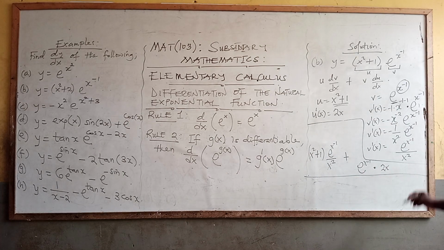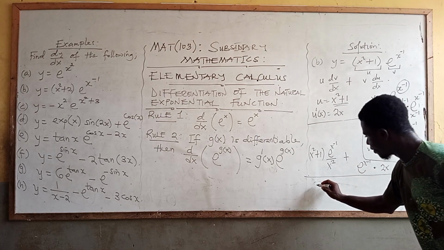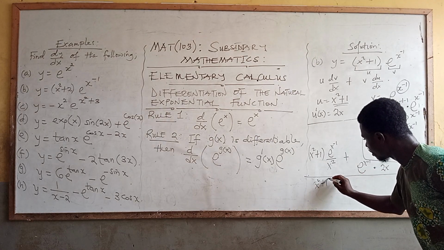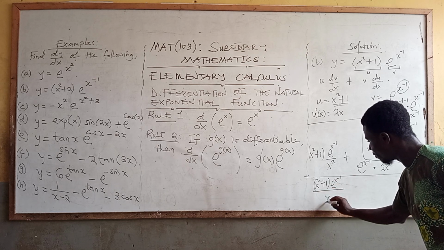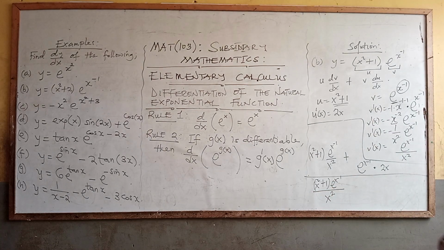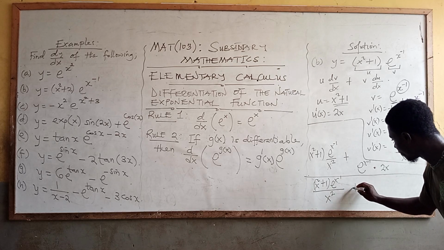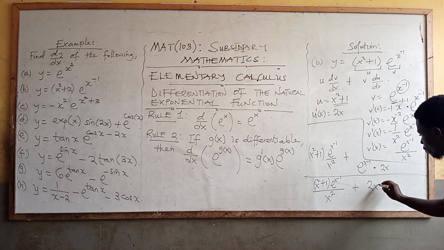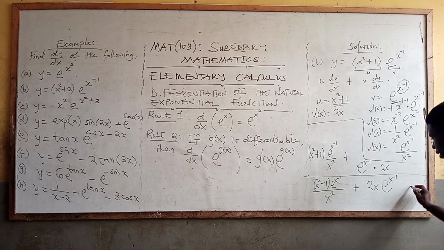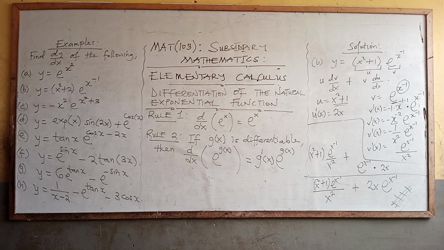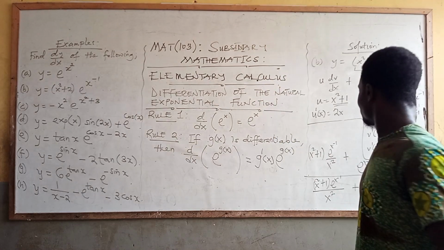When you multiply, you get x squared plus 1 times e to the x to the power negative 1 divided by x squared, then we have our plus 2x e to the x to the power negative 1, which is very simple and very trivial as well. Let's move on to question C.